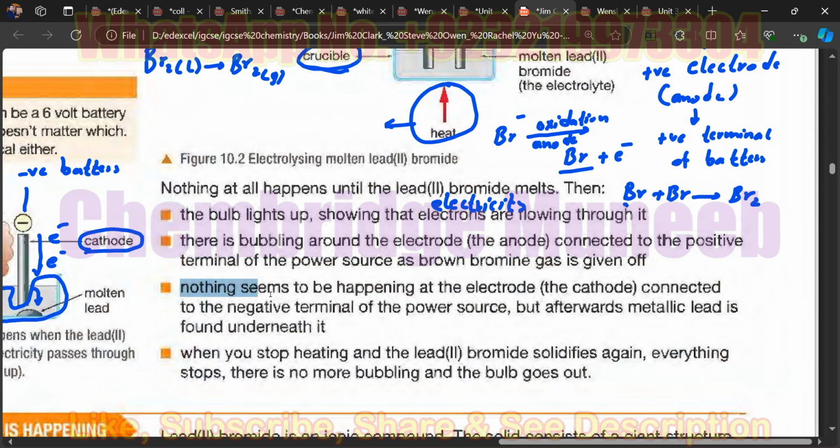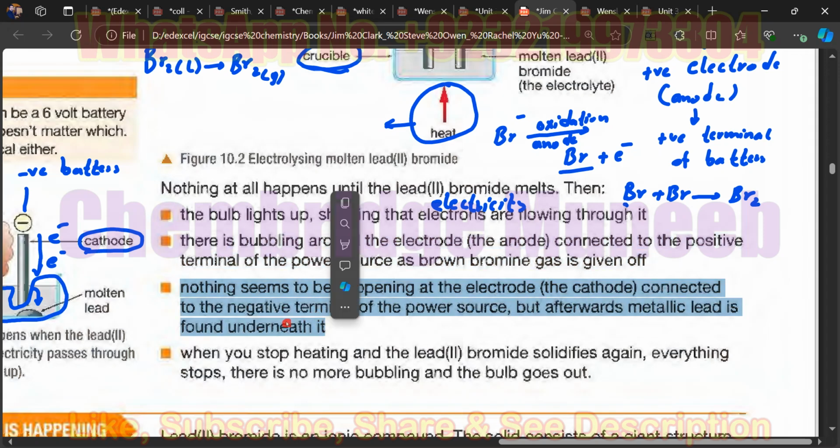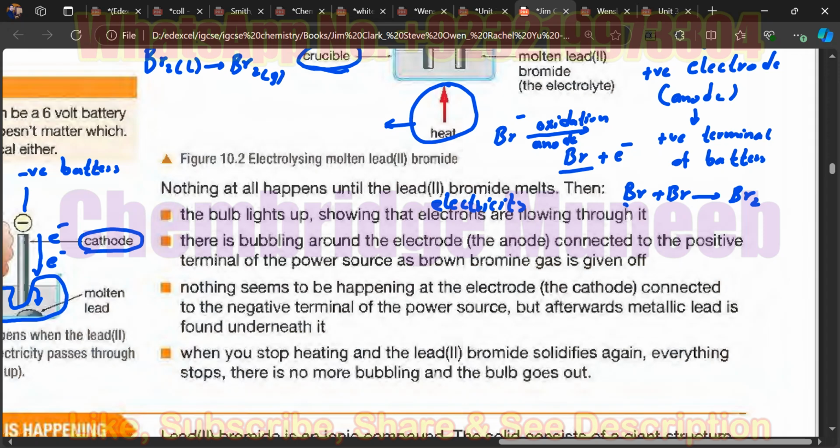The next is, nothing seems to be happening at the electrode, the cathode connected to the negative terminal of the power source, but afterwards metallic lead is found underneath it. So lead atoms are formed at the cathode and start depositing at the bottom of the electrode.